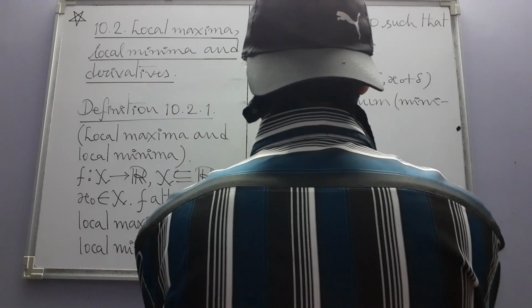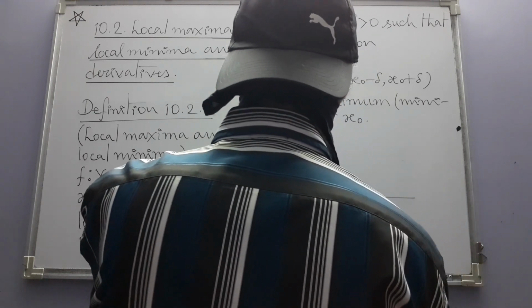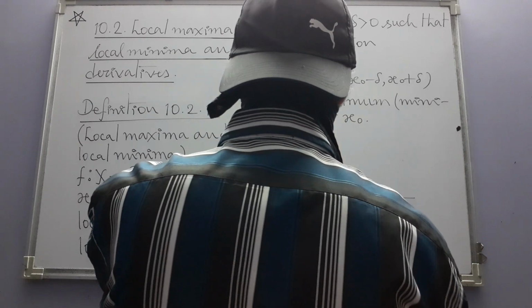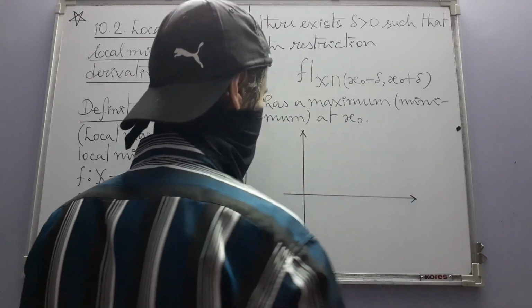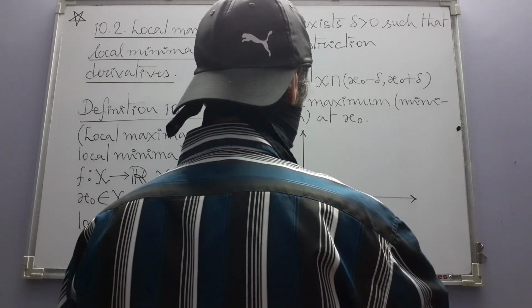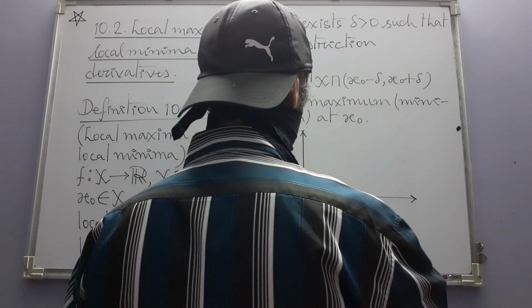You just imagine a function whose graph, say, looks like this. Say this is the graph of the function.